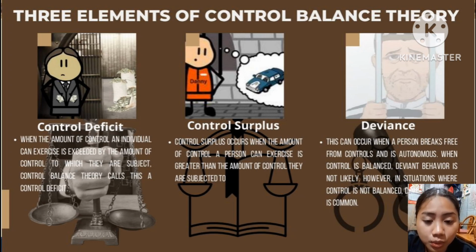Typically, this element creates deviant behavior because of the excessive control of an individual to another person. For example, nafe-feel ng isang employee na parang hindi nabibigay sa kanila yung sapat or sufficient wages or benefits na dapat nilang matatanggap sa kumpanya nila.